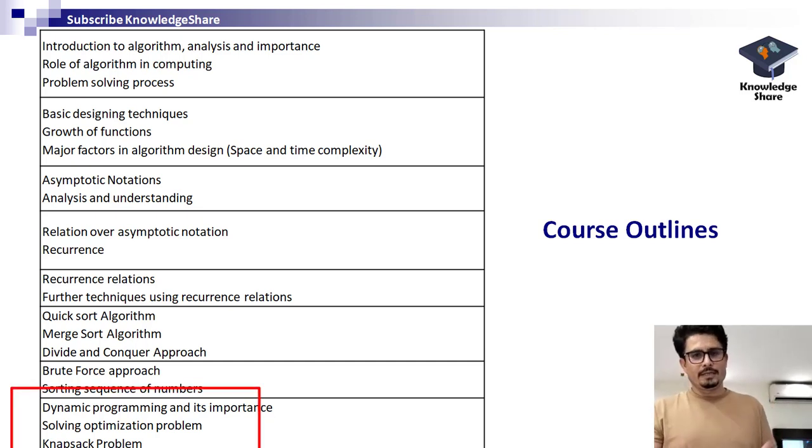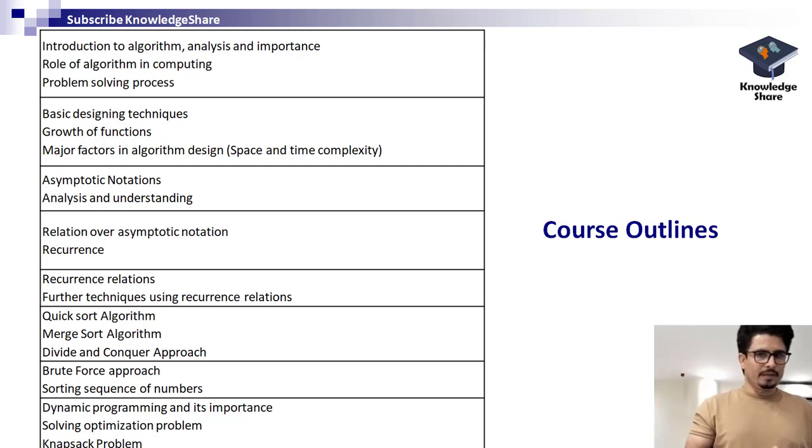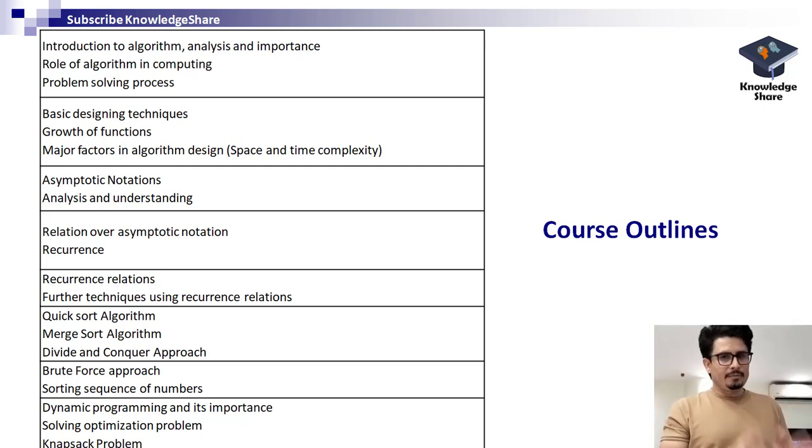These are very important parts of the design and analysis of algorithm course. If you cover dynamic programming and greedy algorithms, it means that about 30% of the course you have already covered. So it's very important.